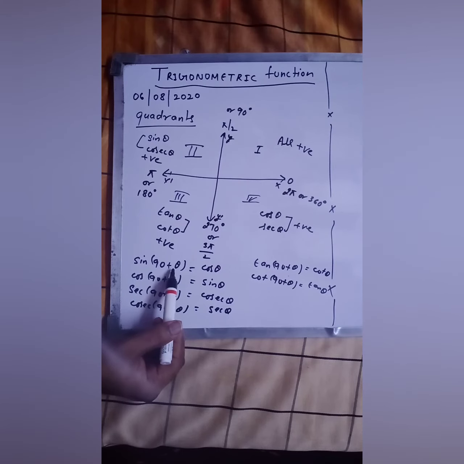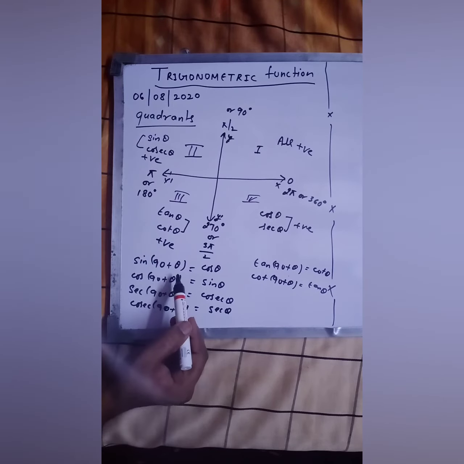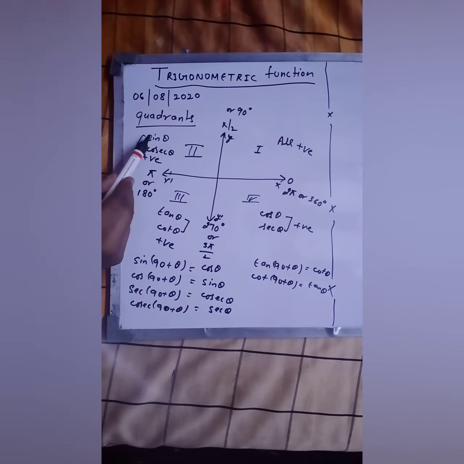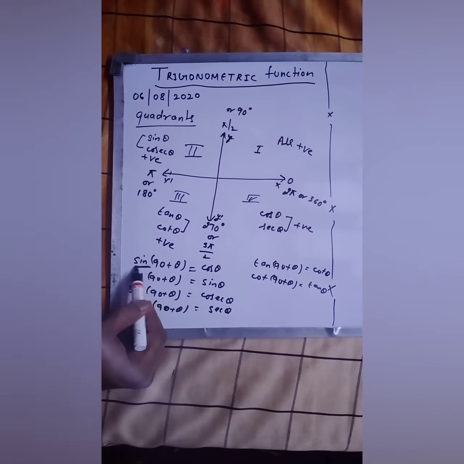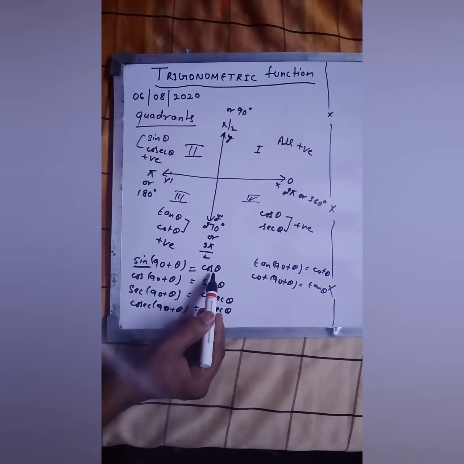So when you take sine 90 plus theta, it will lie in the second quadrant. As we know, in the second quadrant sine is positive, so the value will be positive cos theta. You have to change the sign on the basis of this. So sine is positive in the second quadrant, that's why I'm writing positive cos theta.